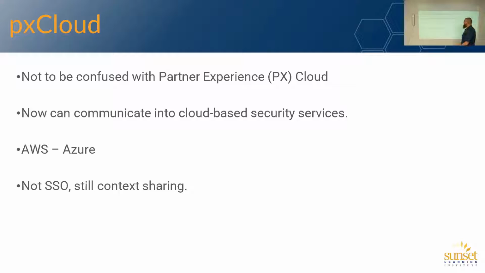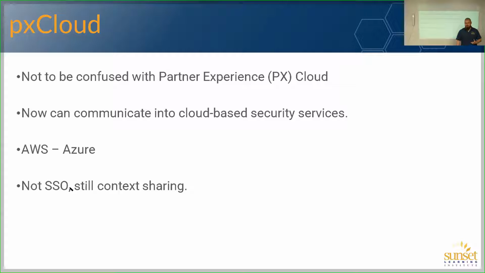What pxCloud gives us, it's still an API, but now we're not just reaching into the cloud to say yes or no, does that MAC address exist, or is it in the cloud? Now we're looking at what context our cloud security options are aware of. So think about your cloud here for a second.